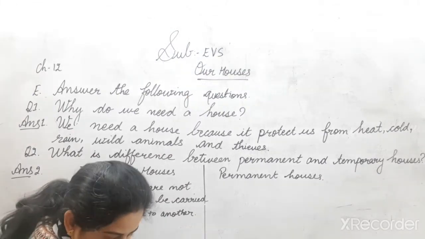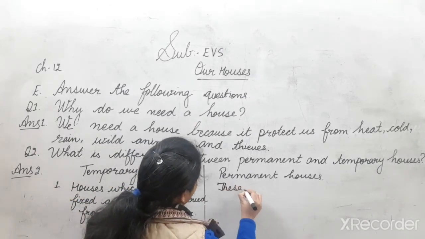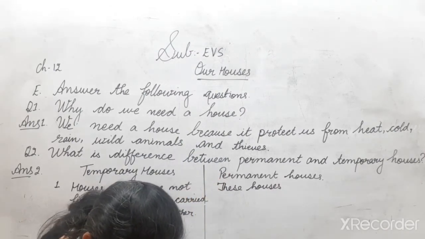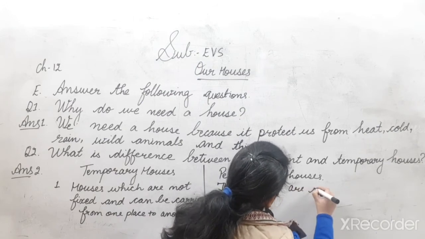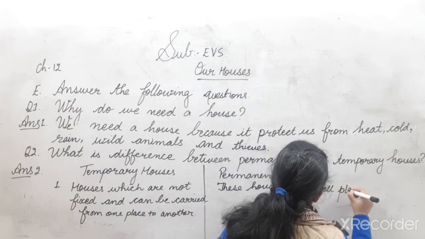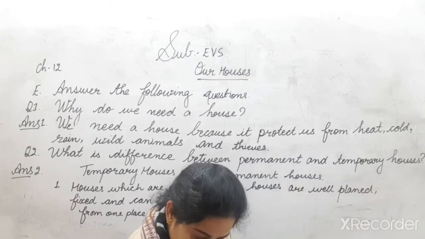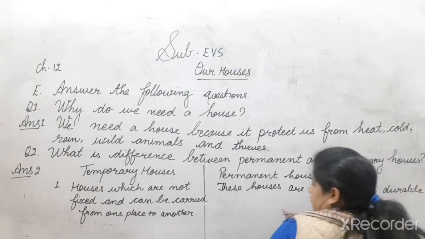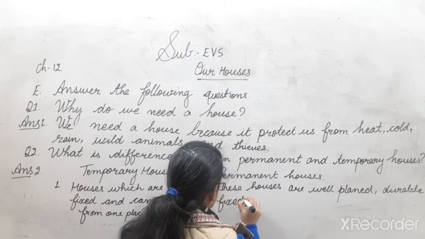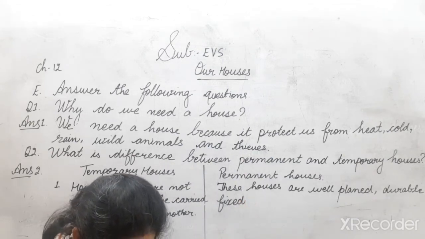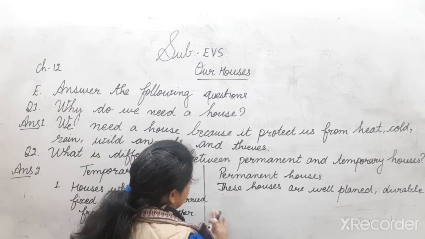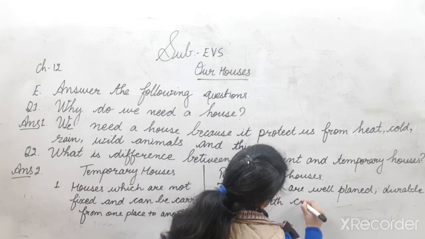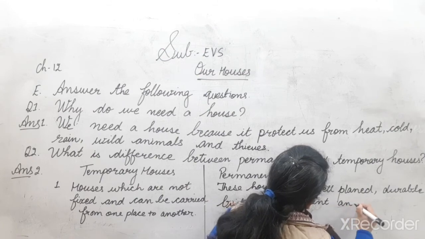Second is permanent houses. These houses are well planned, durable, fixed, built with cement and brick.